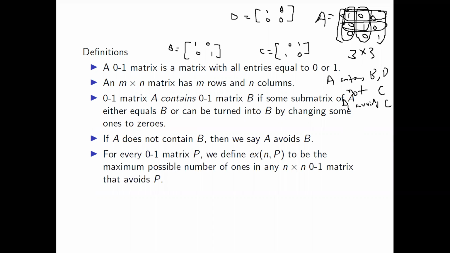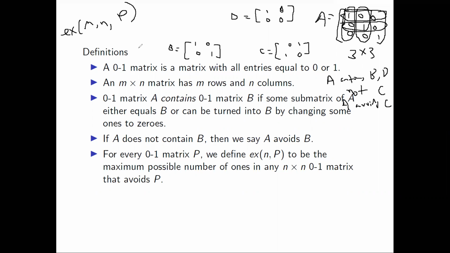There's also a version of this definition for m by n matrices that are not necessarily square. So there's a version we talked about in the last video on 0-1 matrices, EX of m, n, P. In this version, we allow the matrix that's avoiding the pattern to have dimensions m by n instead of requiring it to be a square n by n.